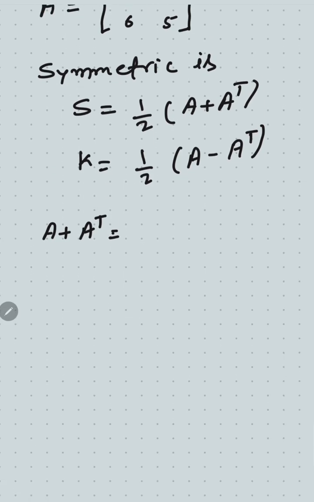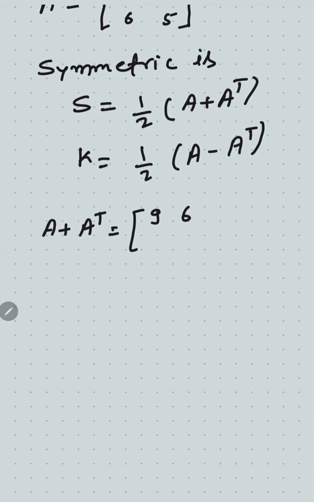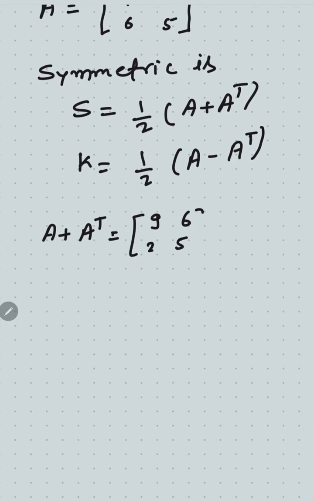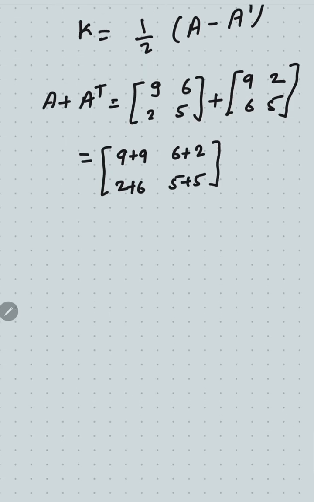A will be 9, 6, 2 and 5, and we add A transpose 9, 2, 6, 5. Then that is 9 plus 9, 6 plus 2, 2 plus 6 and 5 plus 5.